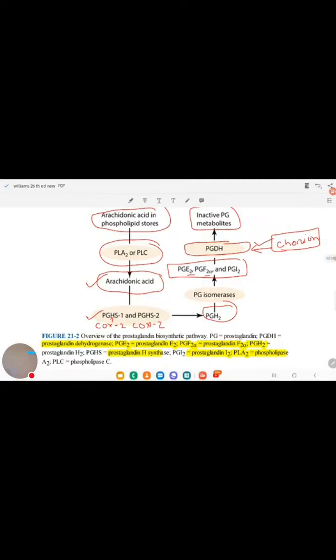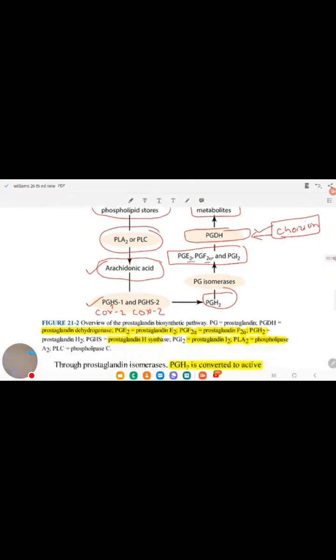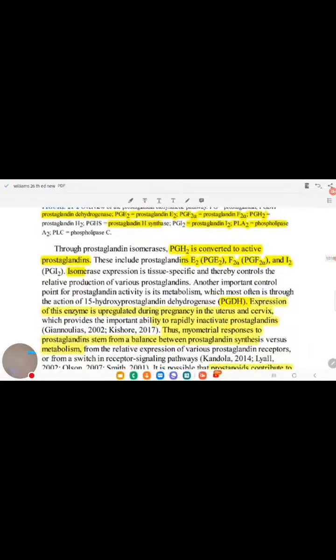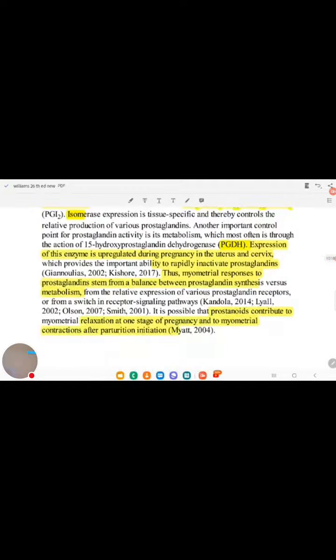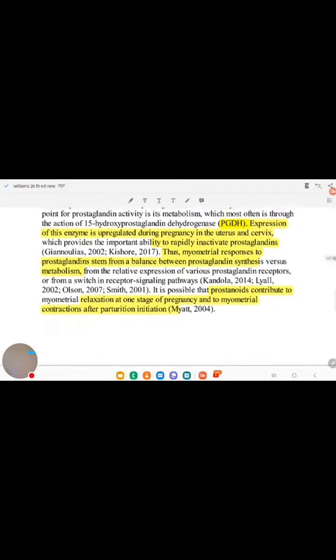If it is not in labor, not at term, these three, prostaglandin E2, F2 alpha and I2, will be metabolized by prostaglandin dehydrogenase, which is secreted by the chorion and amnion, inactivating the prostaglandin metabolites and preventing preterm labor. The expression of PGDH during pregnancy in the uterus and cervix provides an important ability to rapidly inactivate prostaglandin. Thus, the myometrial response to prostaglandin stems from a balance between prostaglandin synthesis versus metabolism.